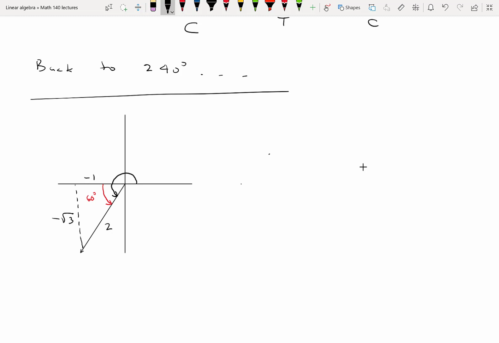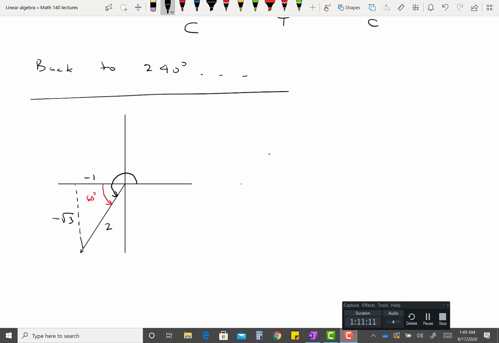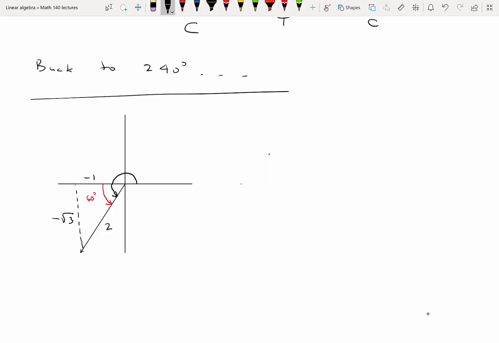So the sine of 240, just from the definition, is equal to opposite over hypotenuse, or b over r, negative radical 3 over 2. The cosine of 240, if we did it the long way, is negative 1/2, and the tangent of 240, opposite over adjacent, the negatives would cancel and you get positive radical 3.